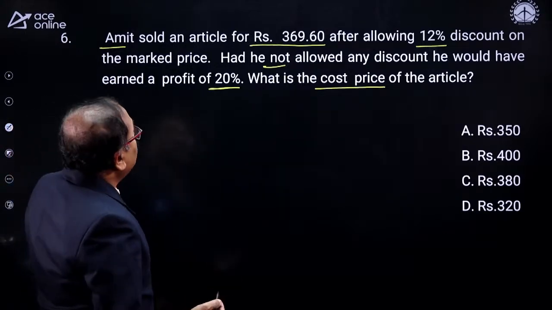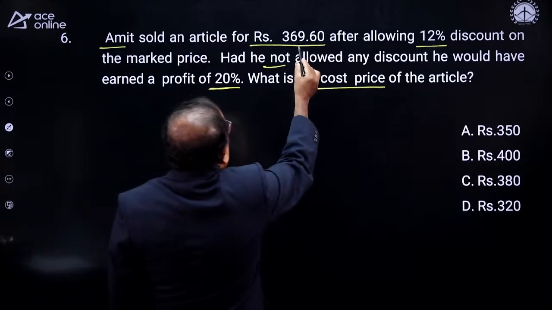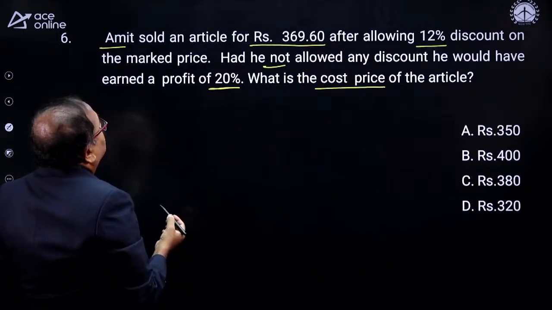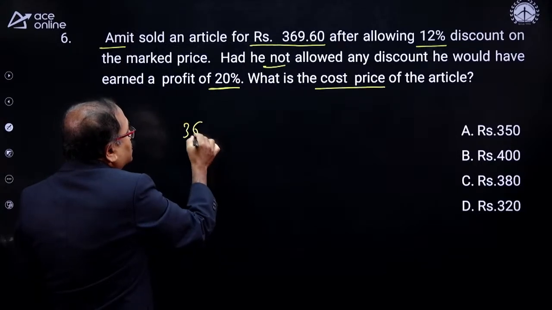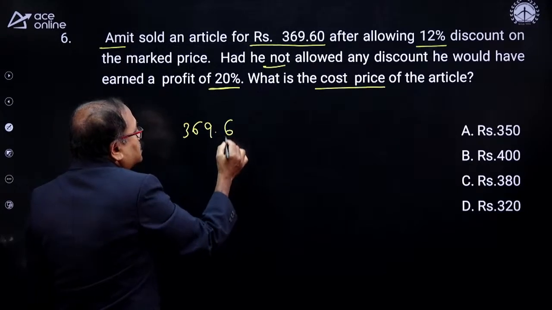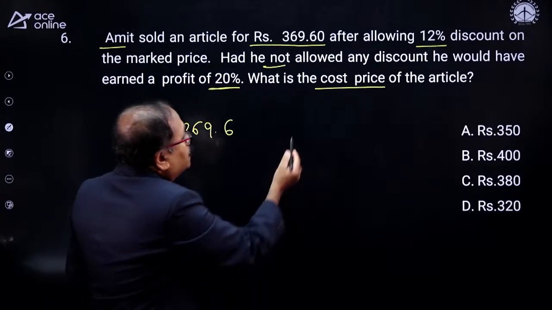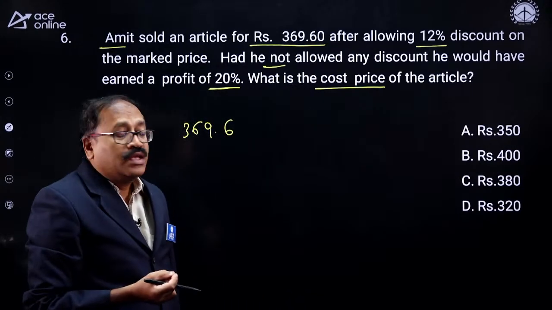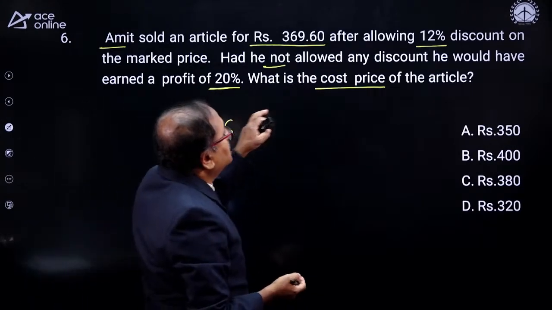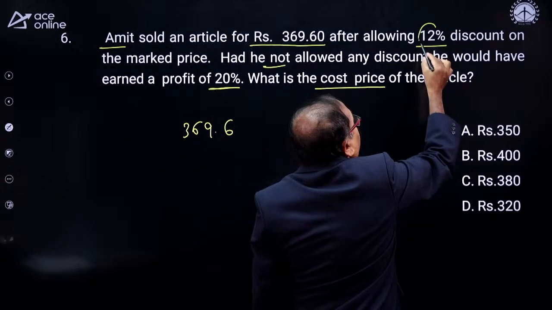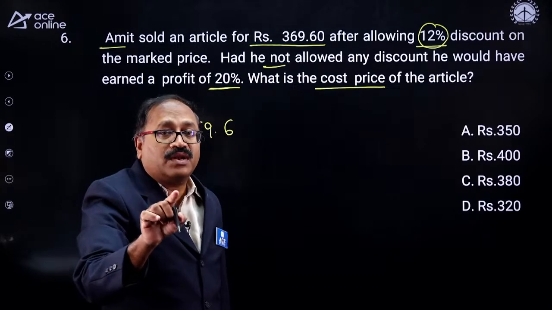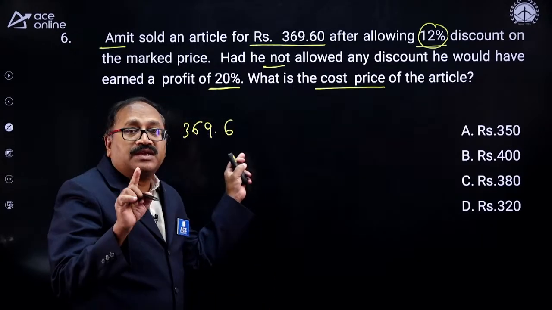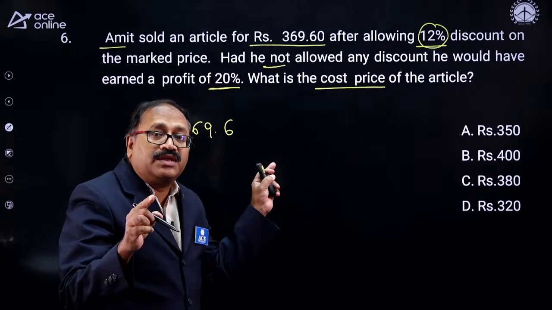Okay. Finally, this is what the selling price is. So 3,396.60, this is the selling price. What do I need to find out? The cost price. Now, this is the selling price after giving a discount of 12%. That means this selling price is what percentage of the mark price?